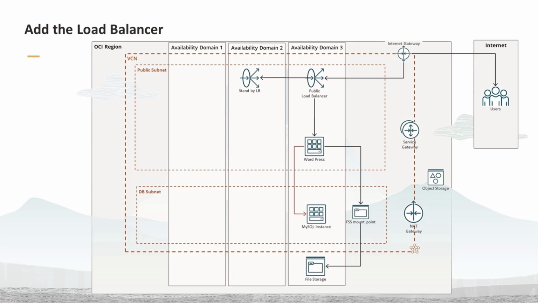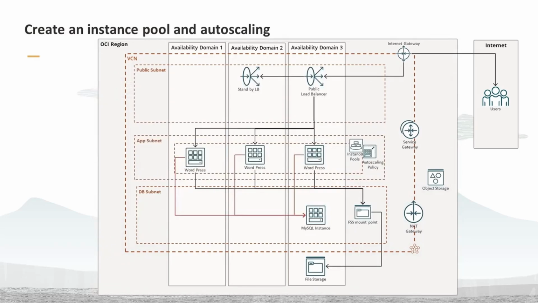The load balancer gives isolation and the ability to distribute the load between several servers. After the load balancer, we moved the web servers to a private subnet, and in that subnet we created an instance pool associated with our scaling policy. That would ensure that the web servers are up and running according to the load that comes to the system.